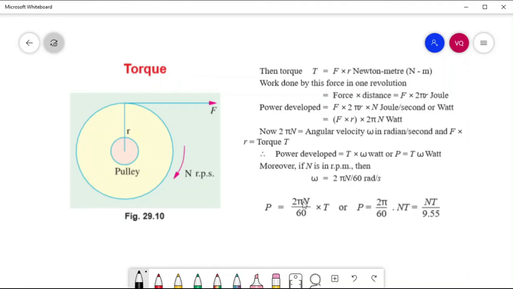So, P is equal to 2 pi n over 60 times T, or P is equal to 2 pi over 60 NT, or NT divided by 9.55.